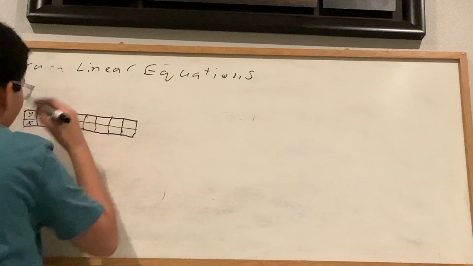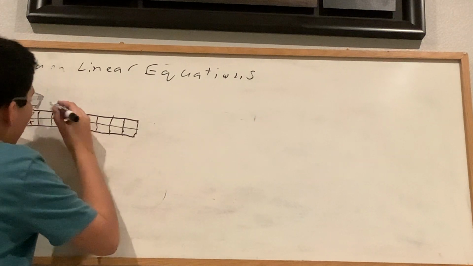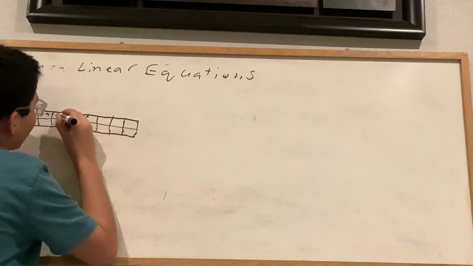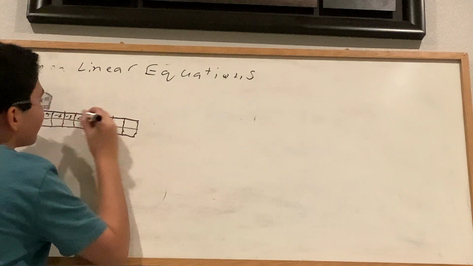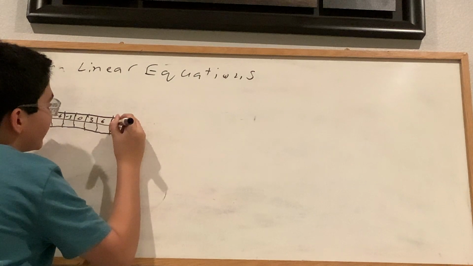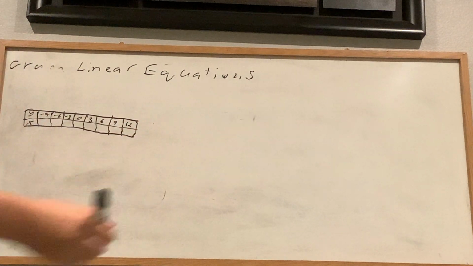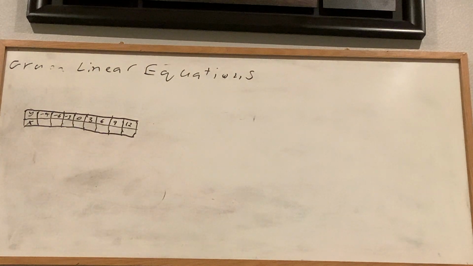Here's the thing. I'm going to start with negatives: -6, -3, 0, 3, 6, 9, and then we could put 12. Or I could say 9, 6, 3. Maybe I could add negatives.